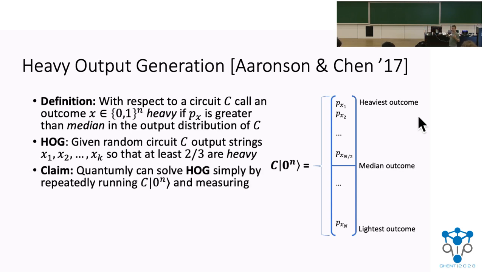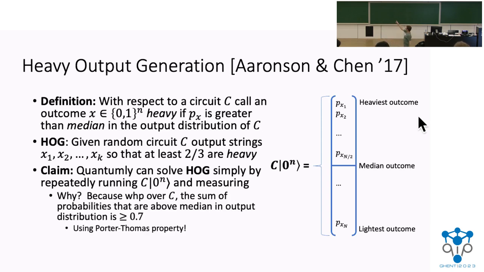And this is an easy problem quantumly for essentially obvious reasons: if we can sample from the output distribution, we can just repeatedly run the circuit on the all zero state and keep taking measurements. Actually, let me back up. One thing we can show using the Porter-Thomas property is that the sum of probabilities that are above median in the output distribution is greater than 0.7.